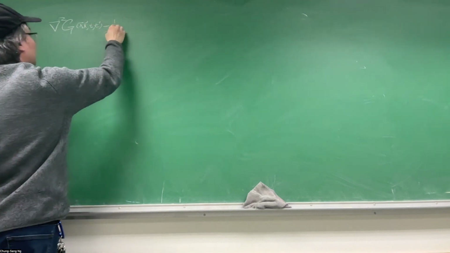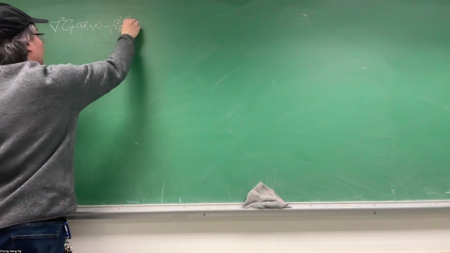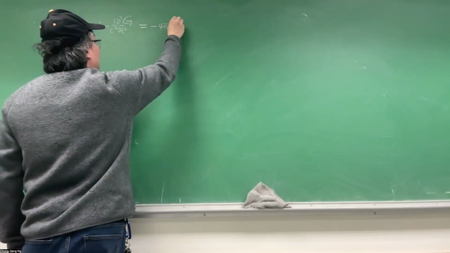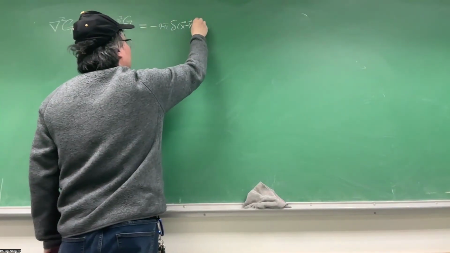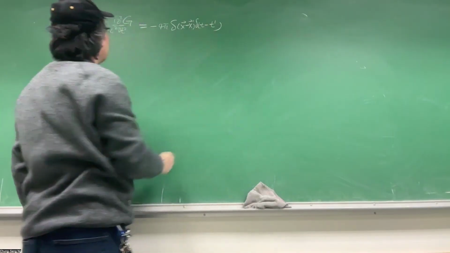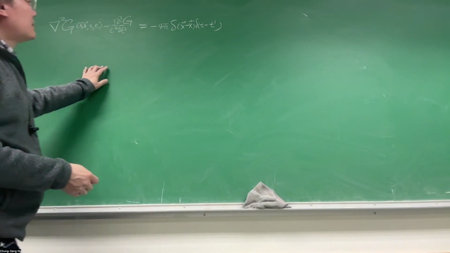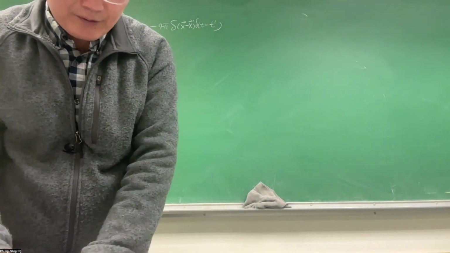And then minus one over c squared, the second derivative with respect to t of the same G. The right hand side should be our delta function. We want to solve for G, and that is how you set up the equation for the Green function.